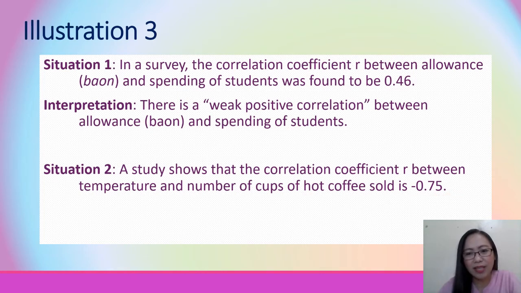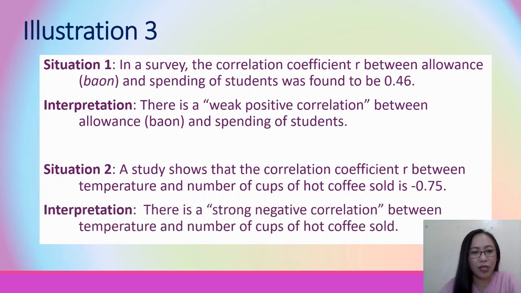Now the question is, is it a strong negative or a weak negative correlation? Negative 0.75 lies between negative 0.5 and negative 1. This is a strong negative correlation.